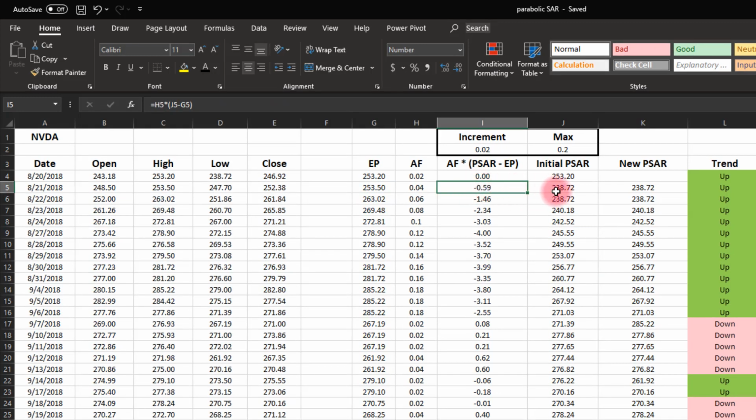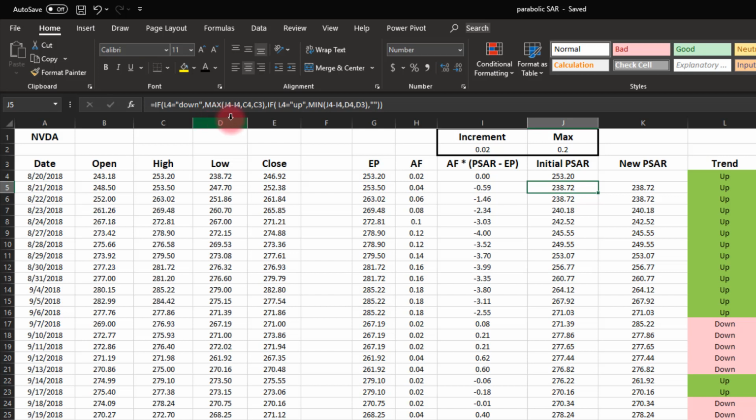For the initial PSAR value right here, you can see again the formulas are getting quite complicated. We're going to do some more checks. So what this is saying is that if L4 is down, so L4 was my previous trend, if that was down, we're going to take the maximum of three different values.